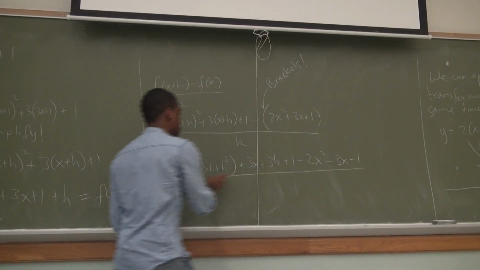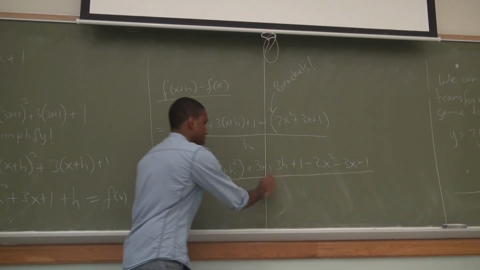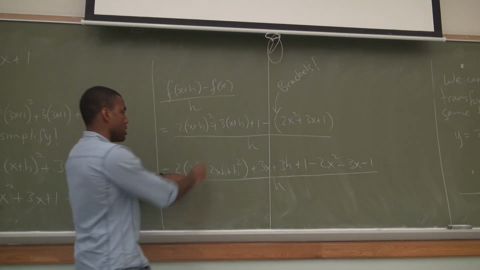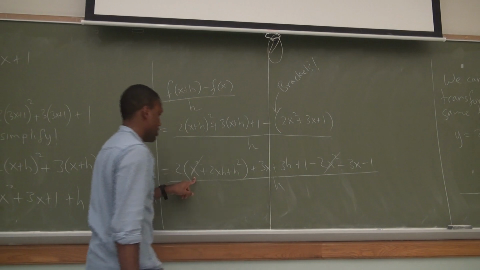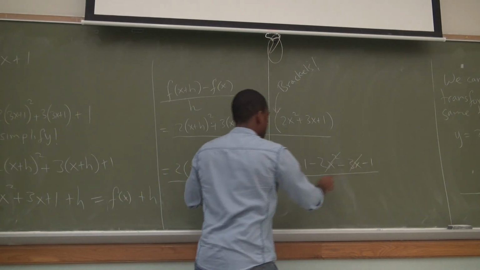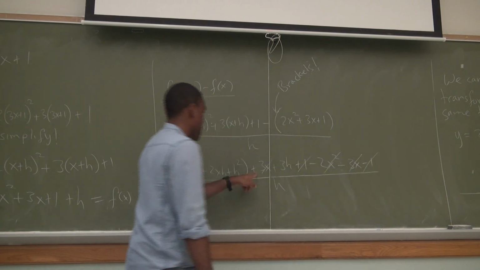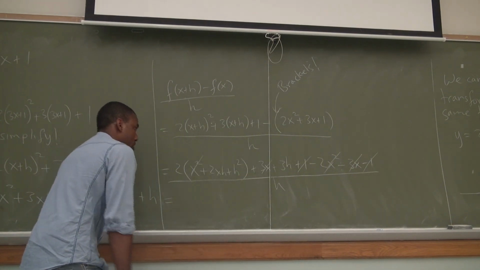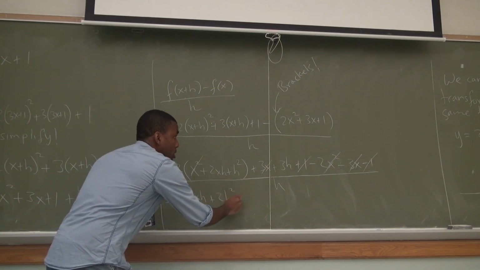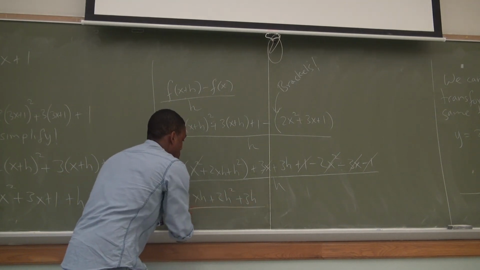Without the brackets, you would have this. Now notice the 2x squared is going to kill that, the 3x also, and the ones are going to die as well. You're going to end up with 4xh plus 2h squared plus 3h all over h.